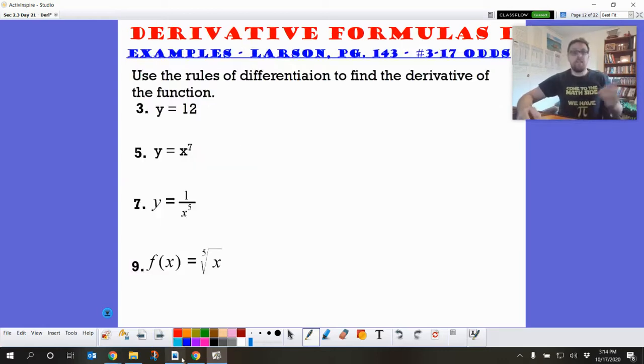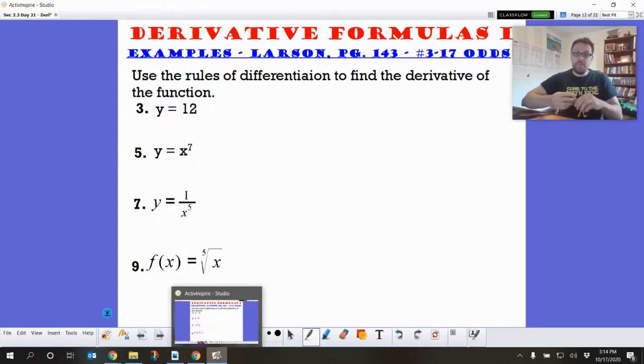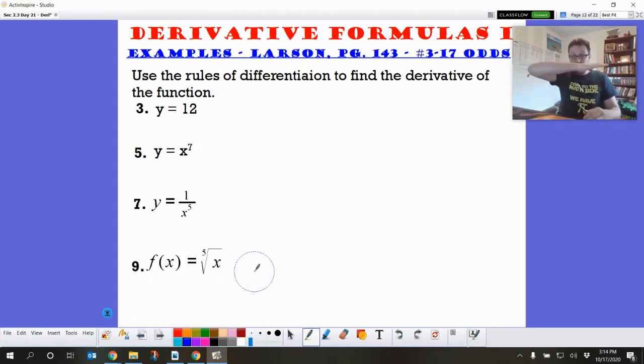So let's try it out. Oh my gosh, it's so much easier. So we've got 12. That's a line that's just sitting perfectly straight. So we've got x to the 0 next to that.